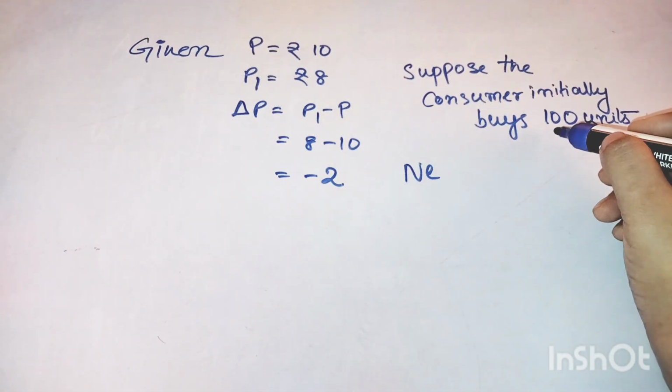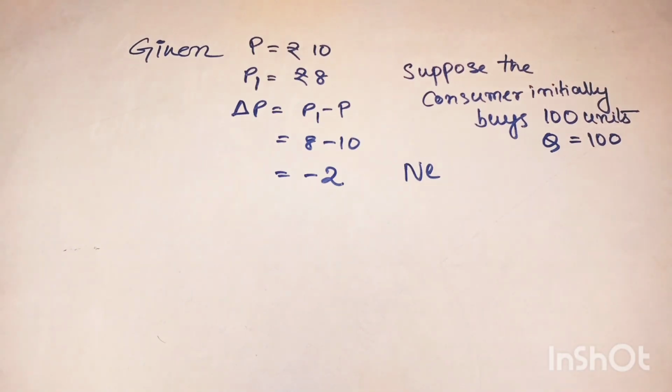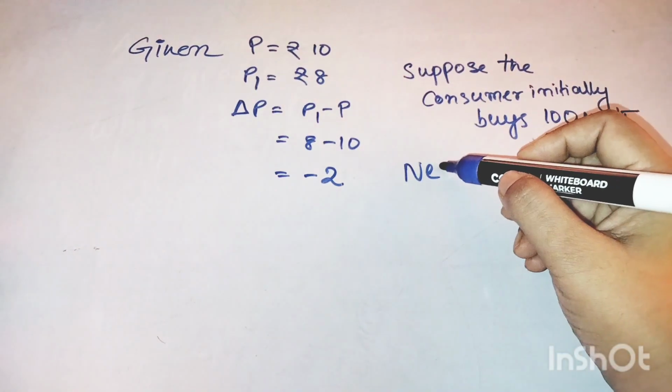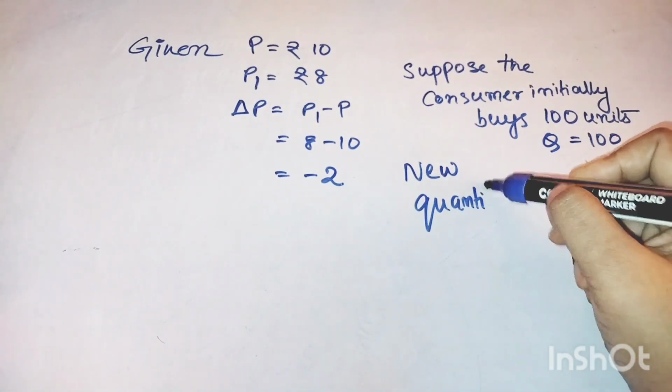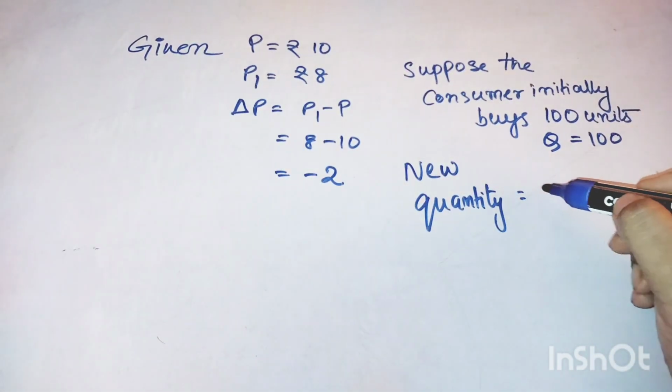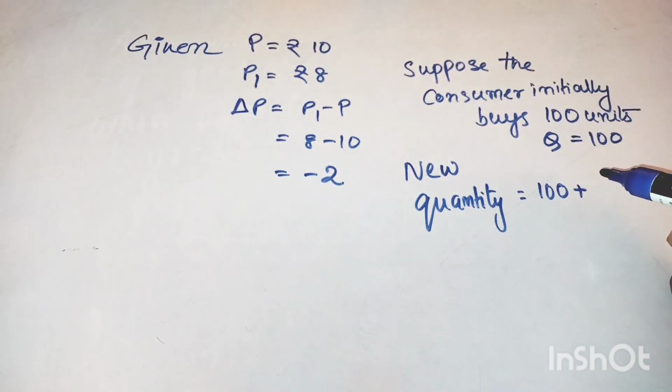Initially, let the quantity Q be equal to 100 units. Now, how are you going to find this new quantity? New quantity means 40% more of the quantity.